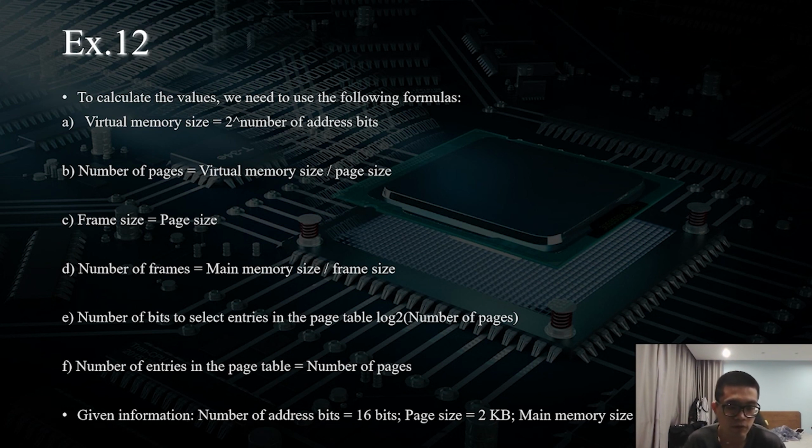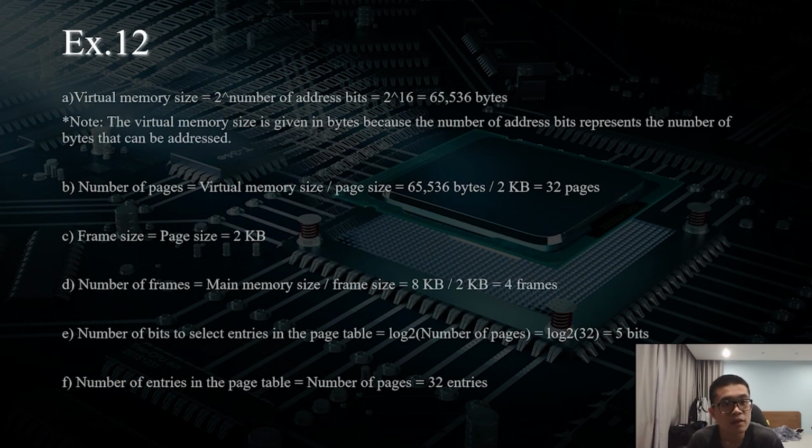And you have the given information that number of address bits equals 16 bits, page size equals 2 kilobytes, and main memory size equals 8 kilobytes. And when we calculate, we will have the results of them.